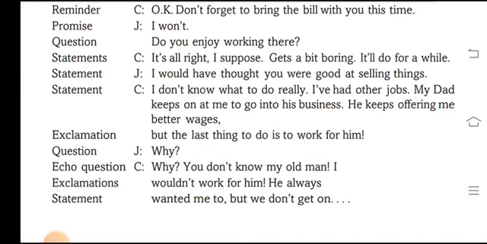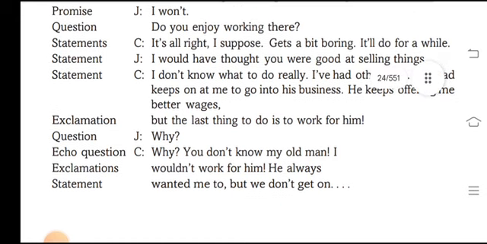Question: Do you enjoy working here? Statement: Oh, it's all right, I suppose. It'll do for a while. Statement: I would have thought you were good at selling things. Statement: I don't know what to do really.